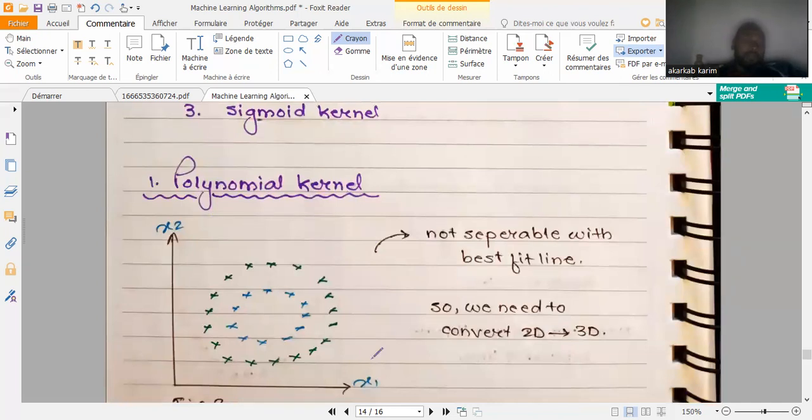In this shape of the data, it is not linearly separable, so we cannot draw a line. We will need to make a transformation from 2D to 3D.